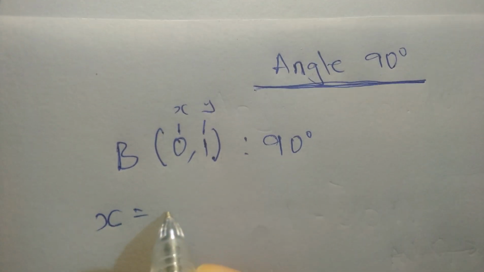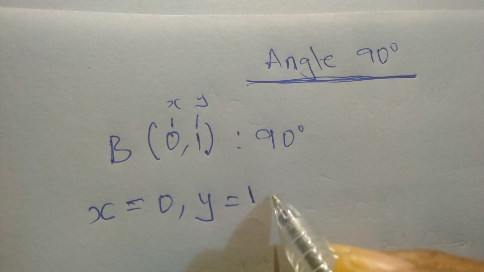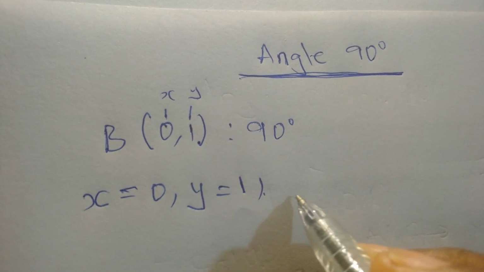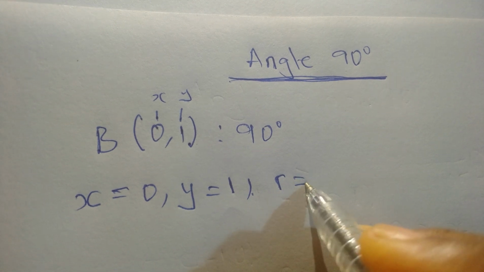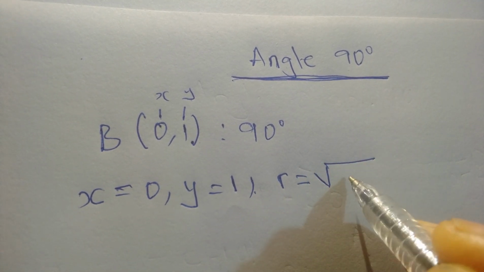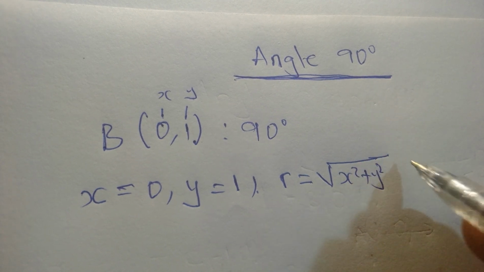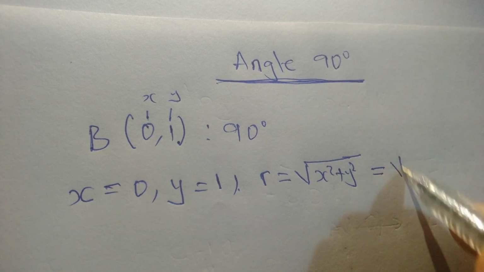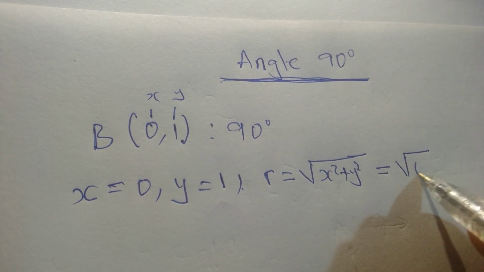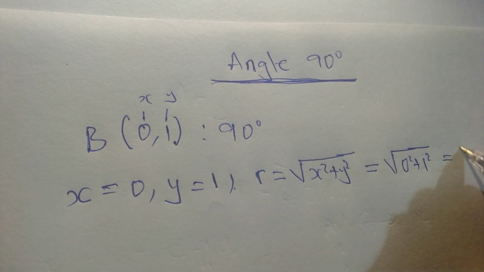For an angle of 90 degrees, this point is x, this point is y. So my x is 0, my y is 1. I can then use the Pythagorean theorem to obtain the value for r, which is the square root of 0 squared plus 1 squared, which will give us 1.